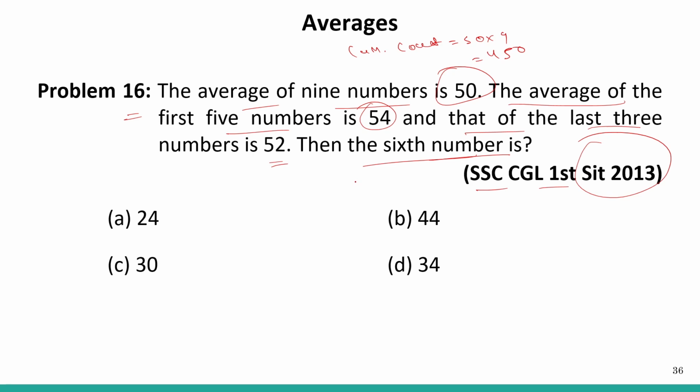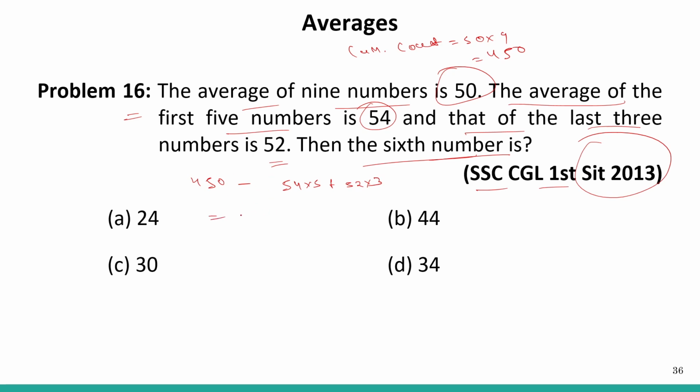Since there are 9 numbers, the cumulative sum of the first 5 numbers is 54 into 5, and the cumulative sum of the last 3 numbers is 52 into 3, and the whole sum is 450 minus this much. So the only remaining term here is the 6th term.